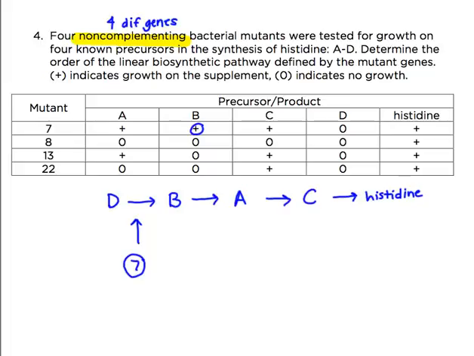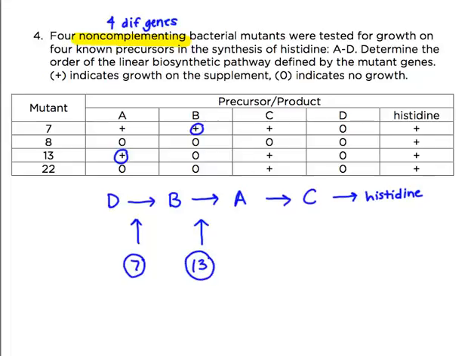Okay, so now let's look for A. We know that 7 can grow on A, but also mutant 13 can grow on A. And if you look across, it can also grow when given C or when given histidine. So we're going to assume that this arrow here, that's the gene product, is the mutation number 13.